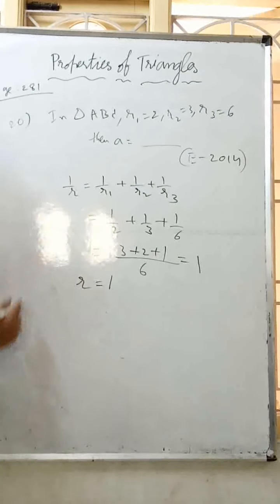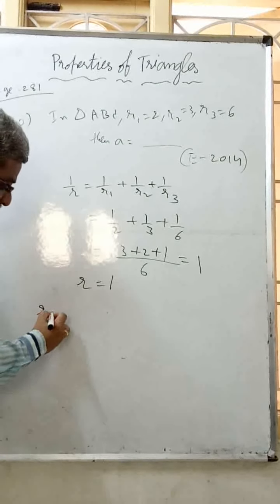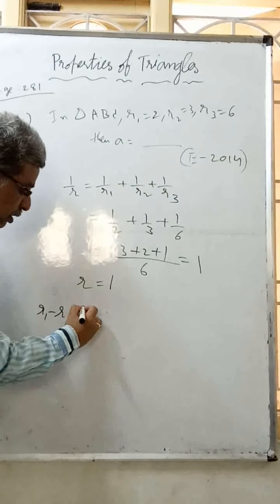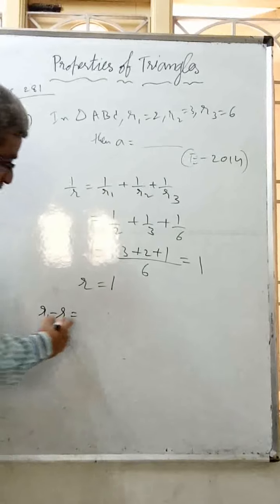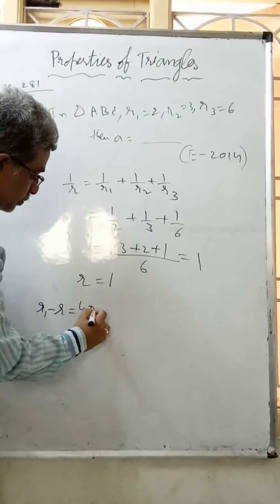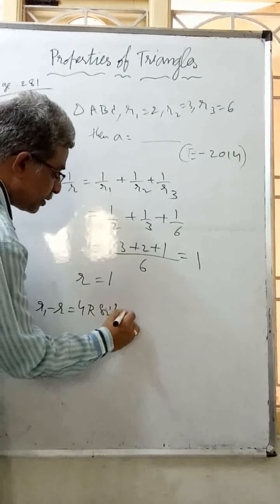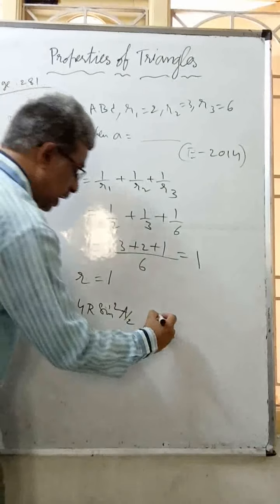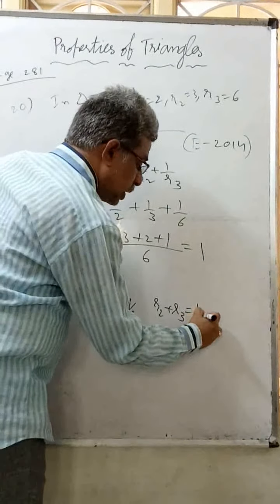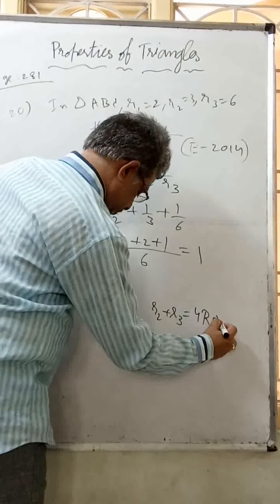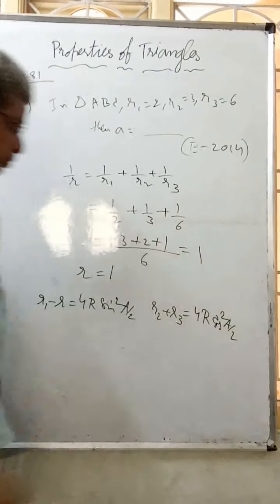Just now we discussed R1 minus R equal to 4R sin square A by 2, and R2 plus R3 equal to 4R cos square A by 2.